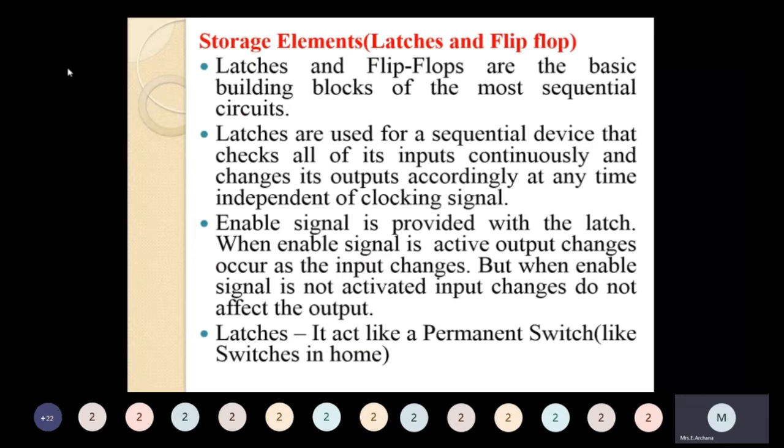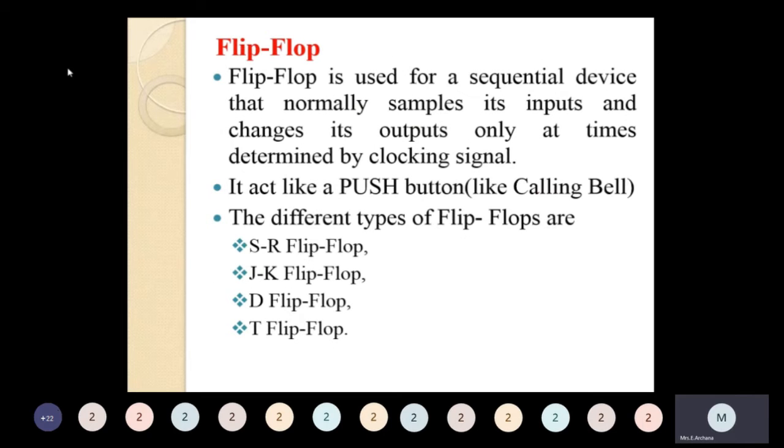When we switch on, the fan will work. When we switch off, it won't work. So depending on the enable, when we give an enable signal, it will activate. When the enable signal is not active, the output does not change.